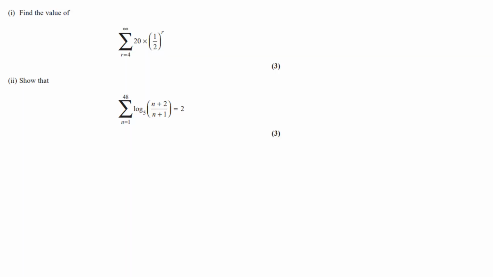This is my first question. You can see I'm going to be summing some series, and in this first part I go from r equals 4 to infinity. You get the formula for an infinite series on the formula sheet for a geometric sequence, a over 1 minus r. Now even though the first term applied to this sum will be when r is equal to 4, I can just treat that as the a, since it's just going to add all the terms up from that point onwards.